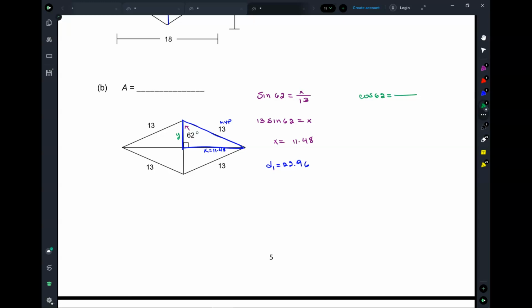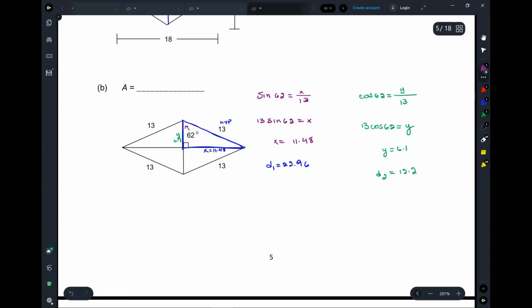Right, so in this case it will be y over 13. So 13 cosine 62 is y. So y is 6.1. What's D2 then? 12.2.